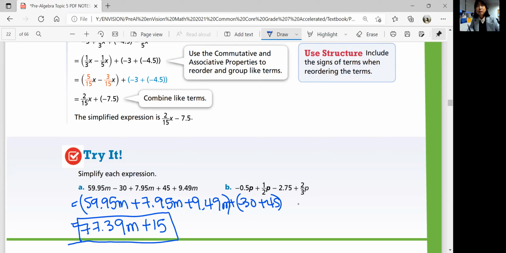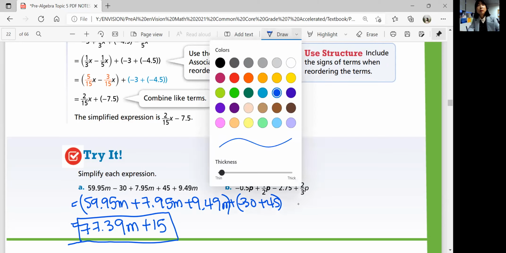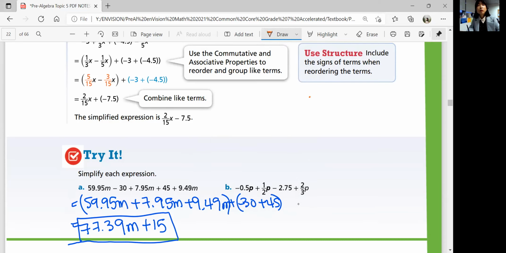Okay. And what about part B? Group them together, all the p's together. The terms with the variable p. 0.5p plus 1/2 p plus 2/3 p together. Then you're going to add -2.75.